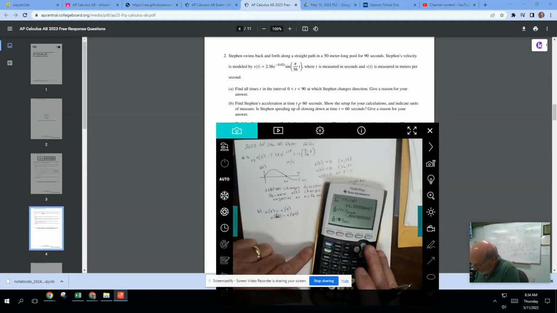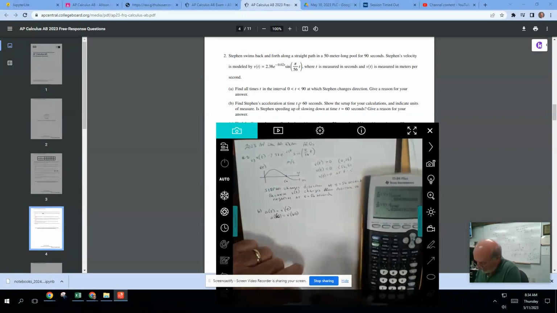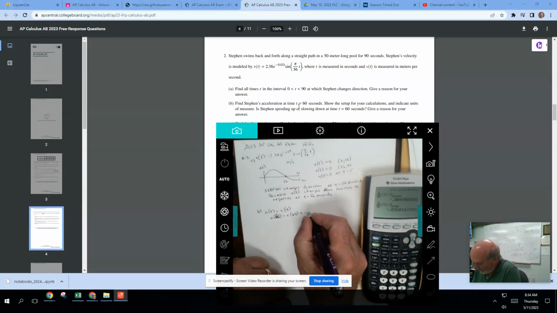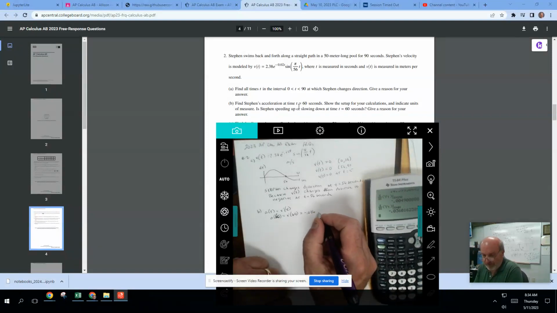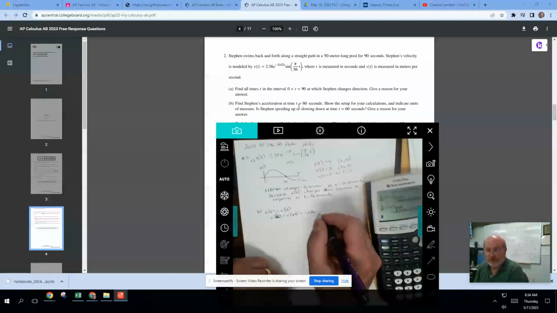We have x in our calculator. Y1 is the function we graphed there. We want to check this at t equals 60, or x equals 60. So this is equal to negative 0.036, and the acceleration is going to be in meters per second squared.